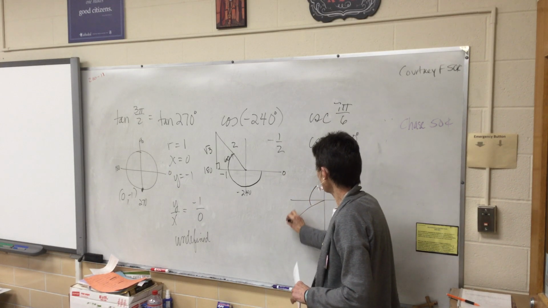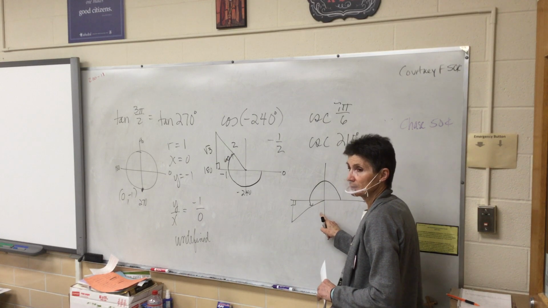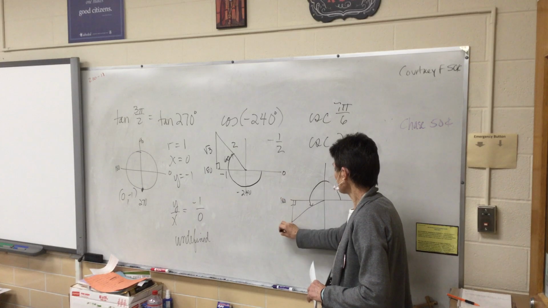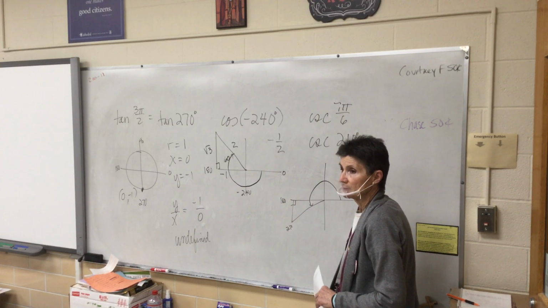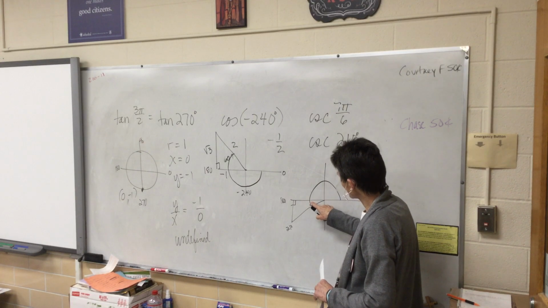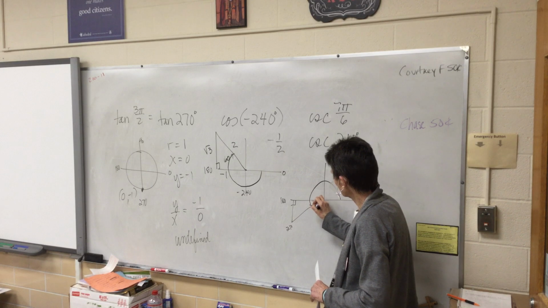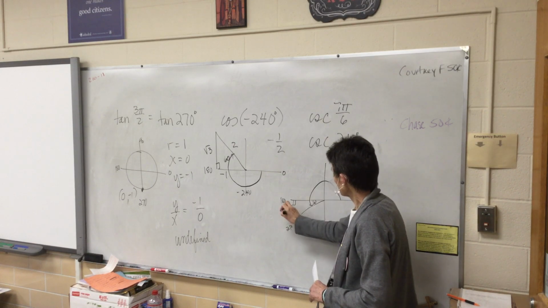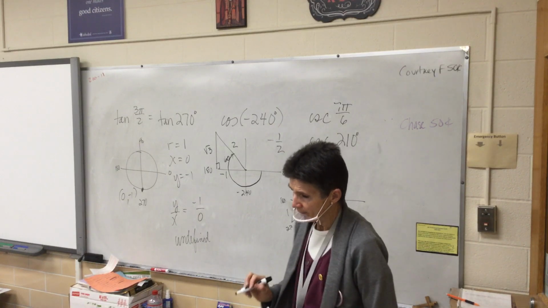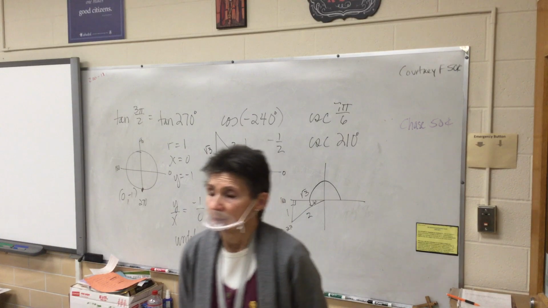And now I'm down here, right? 90, 180, this is 210. How much past 180 is 210? In other words, what is this little angle right here? 30 degrees. So I have another special triangle. Across from the 30 always goes to 1.